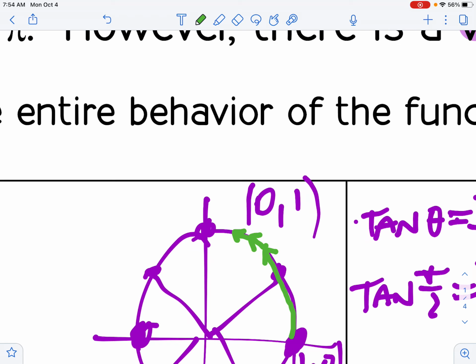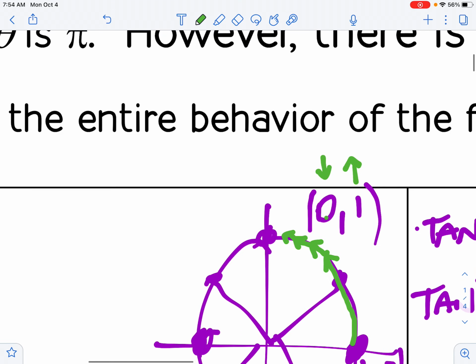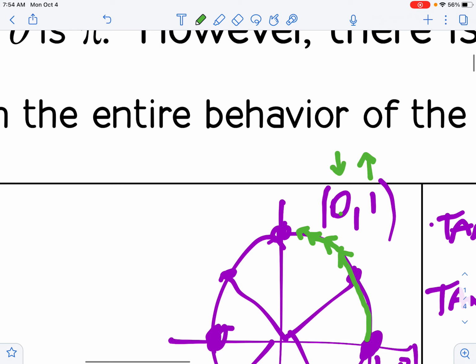So our x value is decreasing, our y value is increasing, getting closer to 1. But that x value is the important one. We're dividing by a number that's getting closer and closer to 0, so we're dividing by a number that's really small.